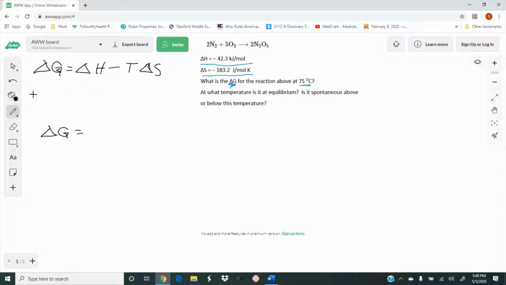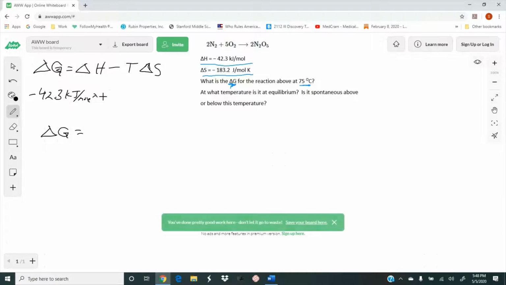So negative 42.3 kilojoules per mole. I'm going to convert the kilojoules into joules. Remember the prefix kilo means 1,000. So a kilojoule is 1,000 joules. I'm going to put 1 kilojoule on the bottom, 1,000 joules on top. The kilojoules cancel.